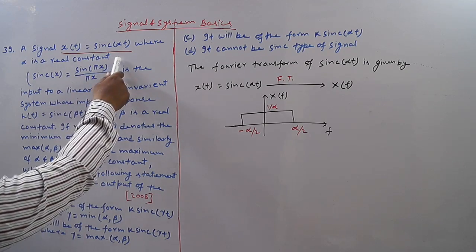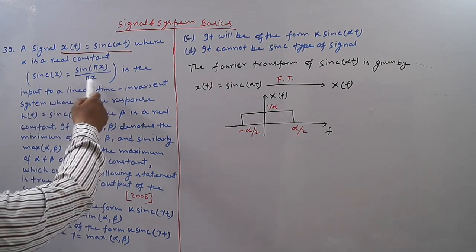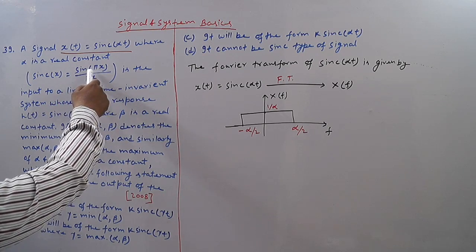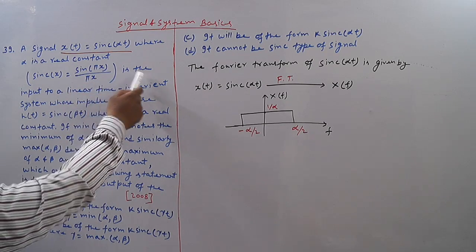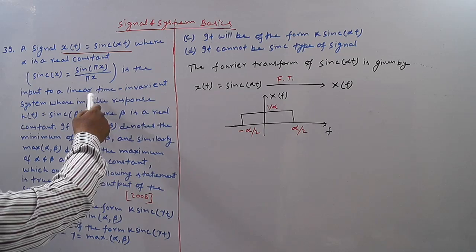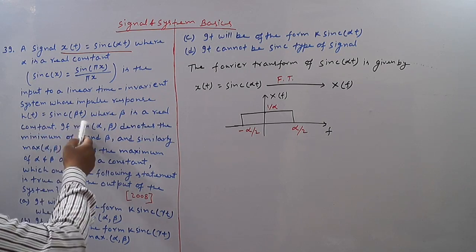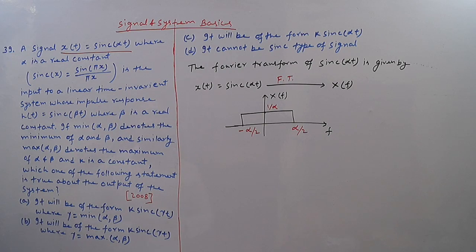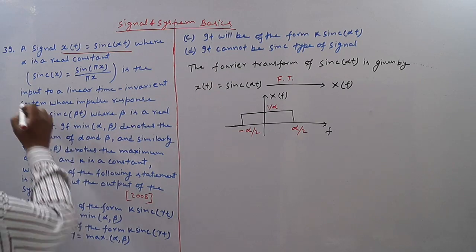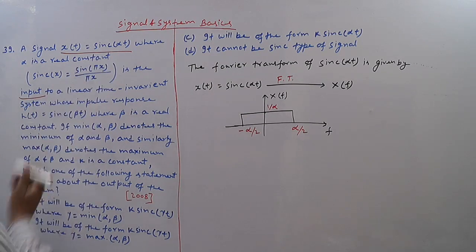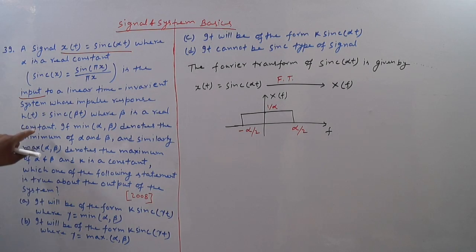So this input is applied to a system whose impulse response s(t) is sinc beta t.